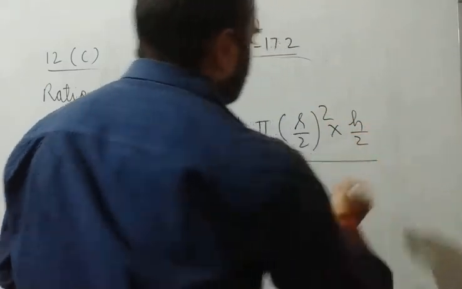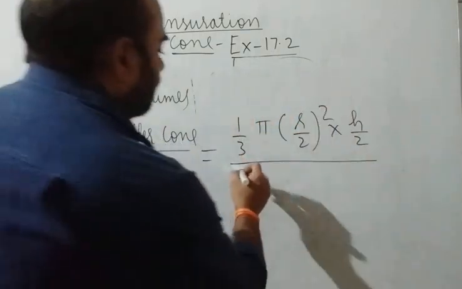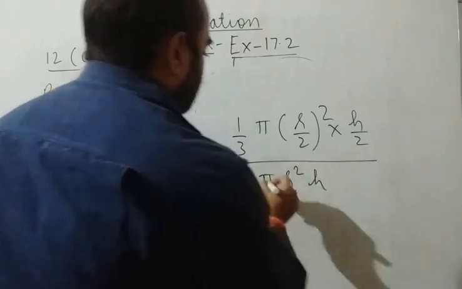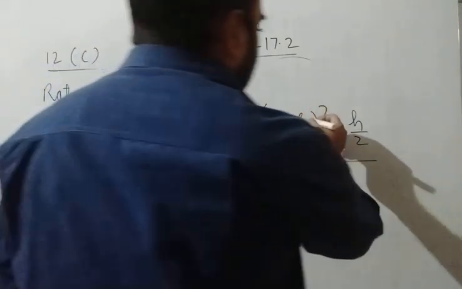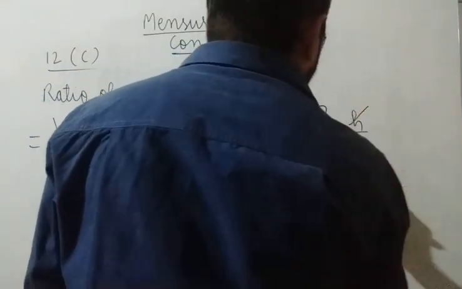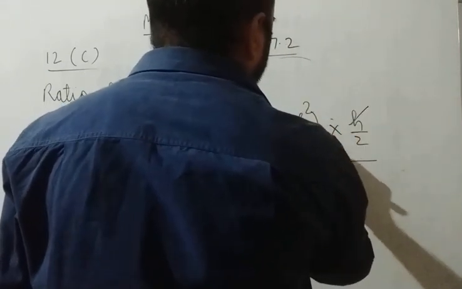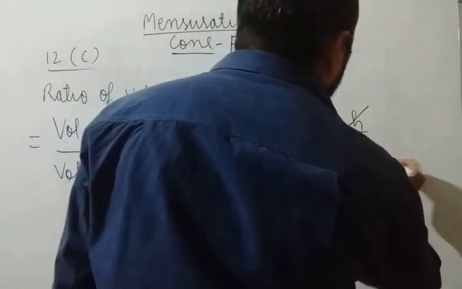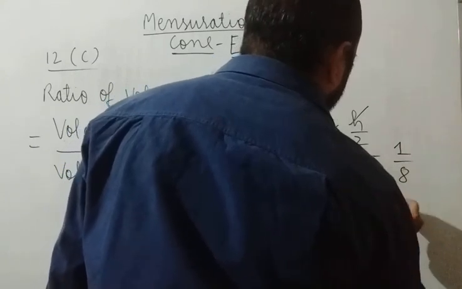For a bigger cone, 1 by 3 pi r square h. 1 by 3 pi cancelled, r square h cancelled. Then this will become 1 upon 8.